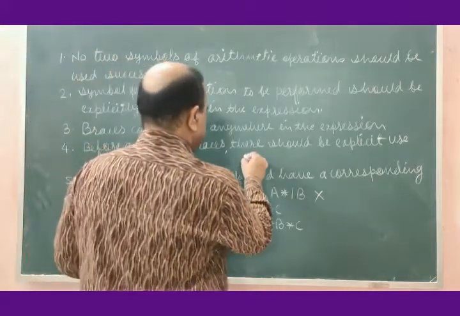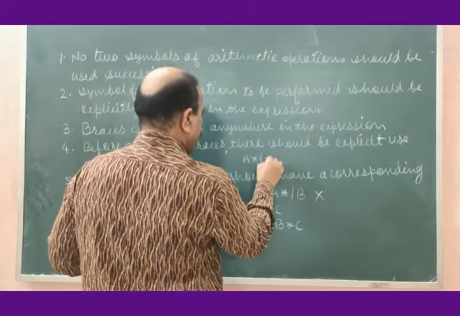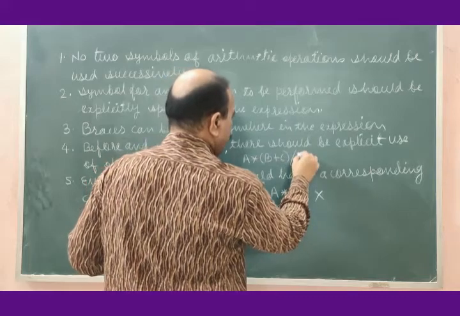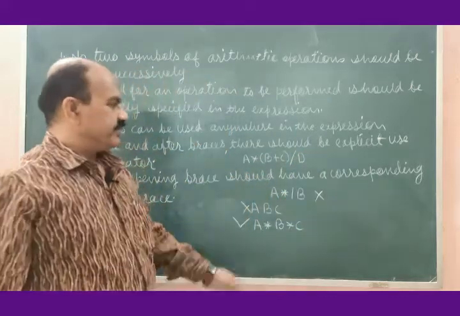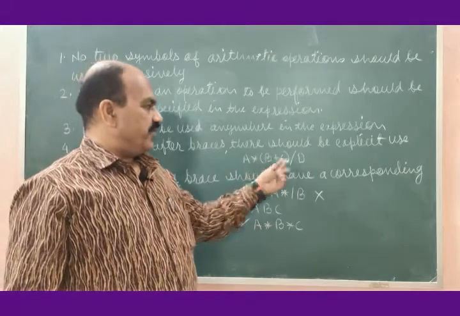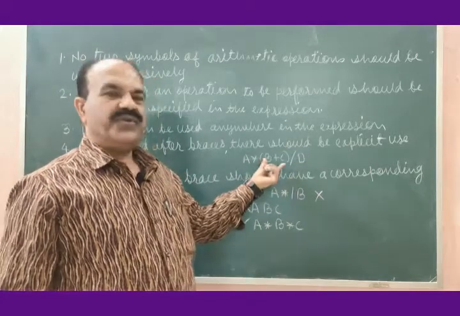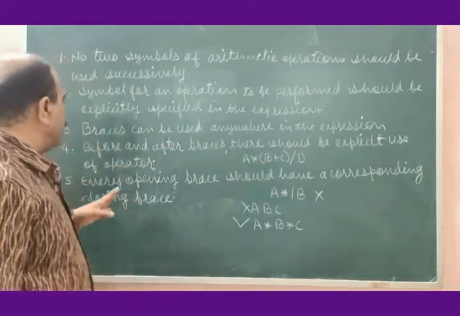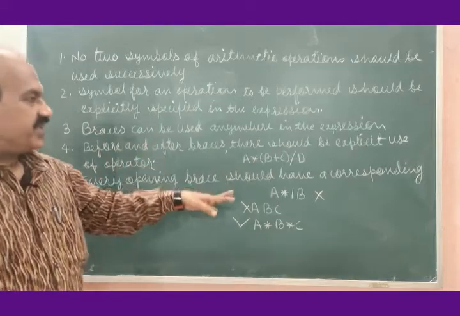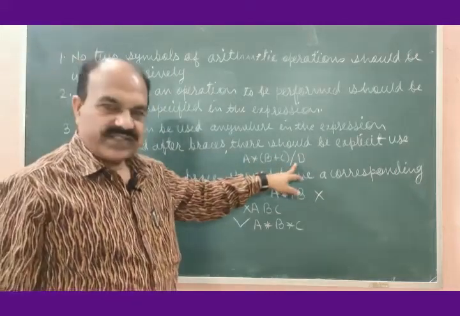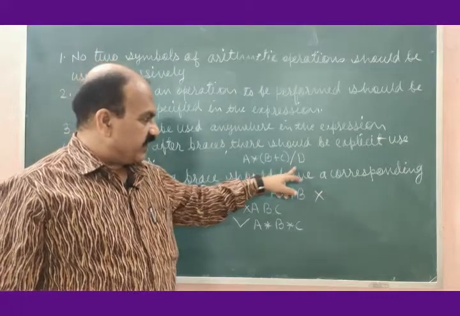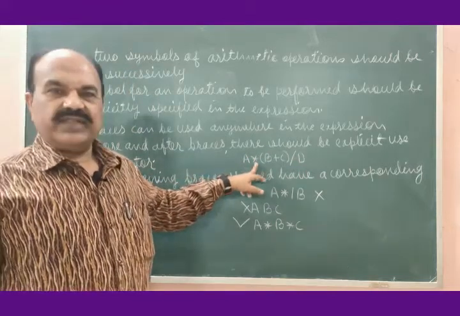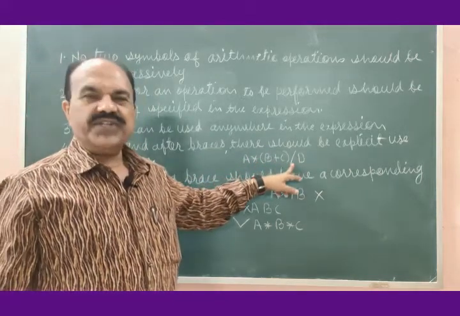For example, A into B plus C divided by D. I have used the braces here. I have used the brackets here. Before and after the braces, before the brace, after the brace, before the bracket, after the bracket, there should be explicit use of an operator. The operator is shown here, the operator is shown here.